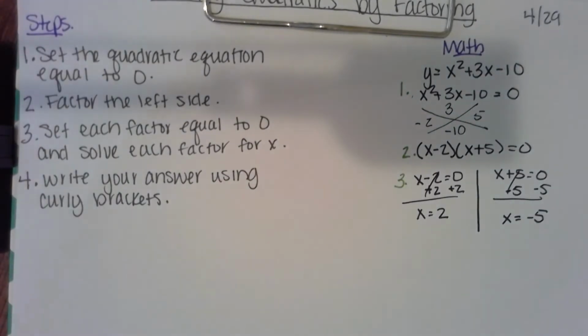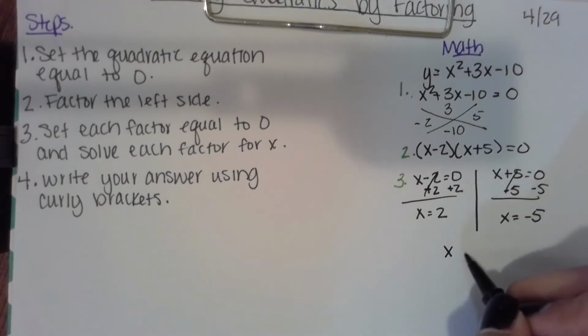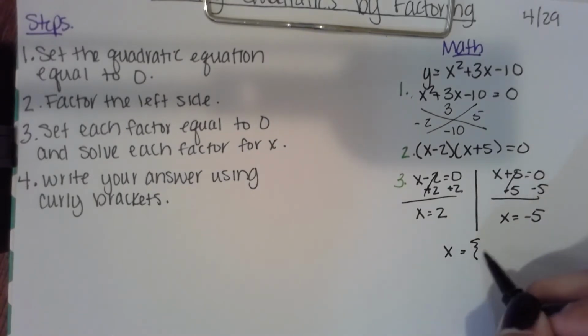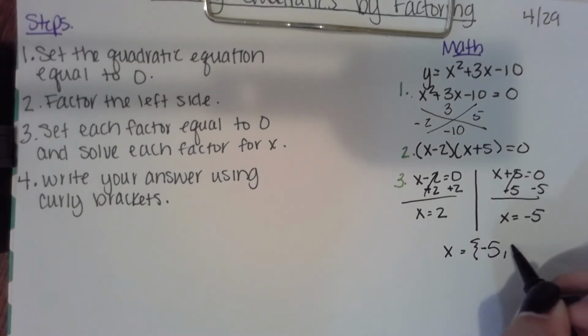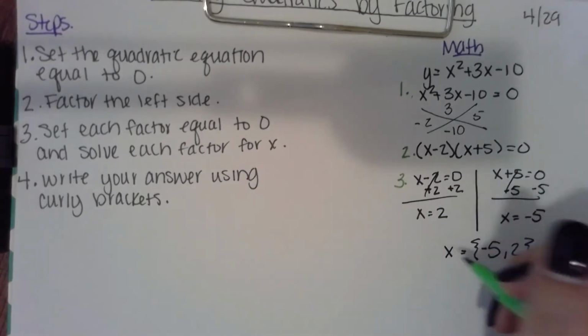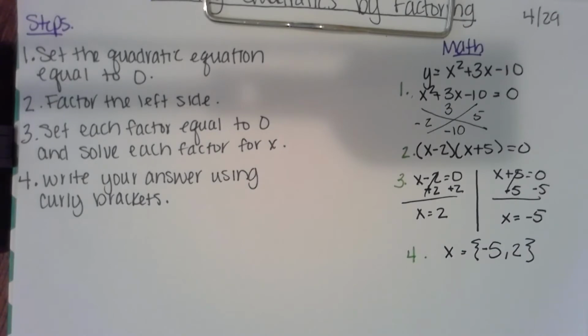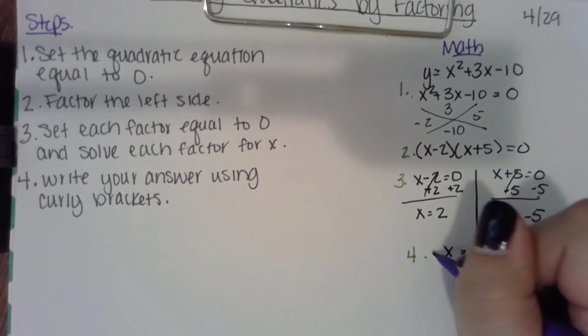This time we're going to write it the same way, except we found ours mathematically. So that's x equals curly bracket negative 5, 2. I write it from the smallest value to the biggest value, negative 5, 2. That's why I wrote negative 5 first. And this is your last step. And bam, that would be your answer.